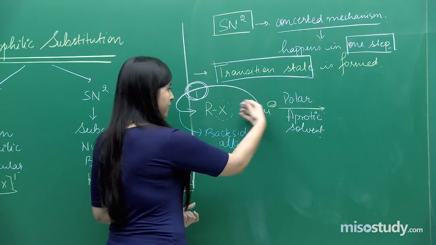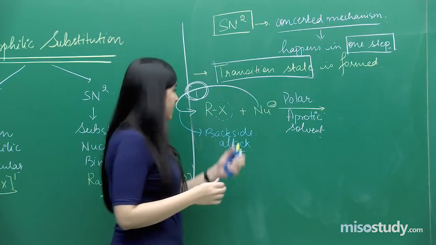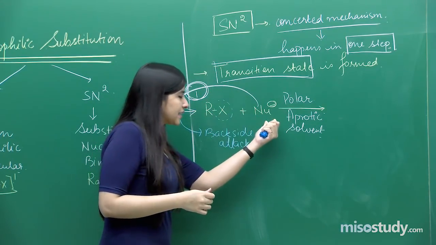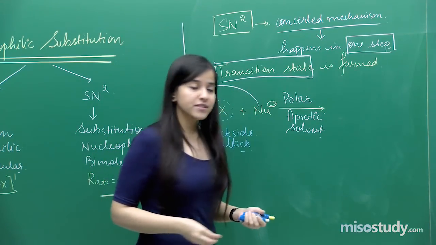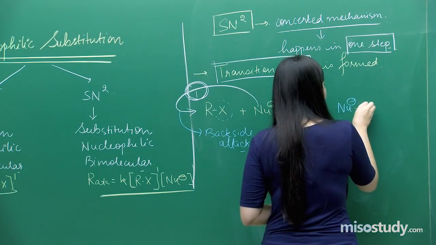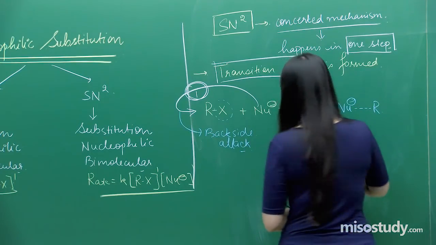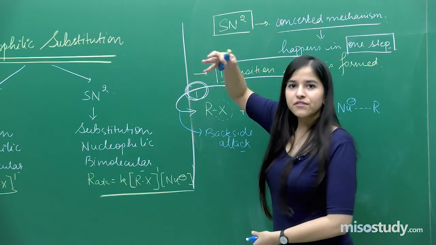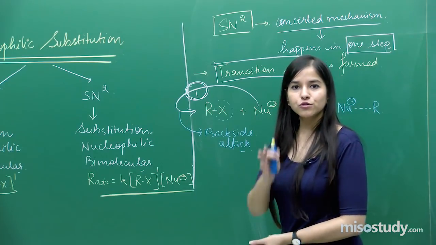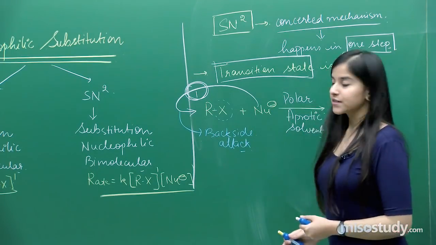So instead of approaching from the front, it goes from the back and then attacks, and it forms a transition state. What is that transition state? The nucleophile tries to get attached to the R, whereas this X tries to leave the vicinity just in order to reduce the number of repulsions, right? Reduce the steric hindrance basically.